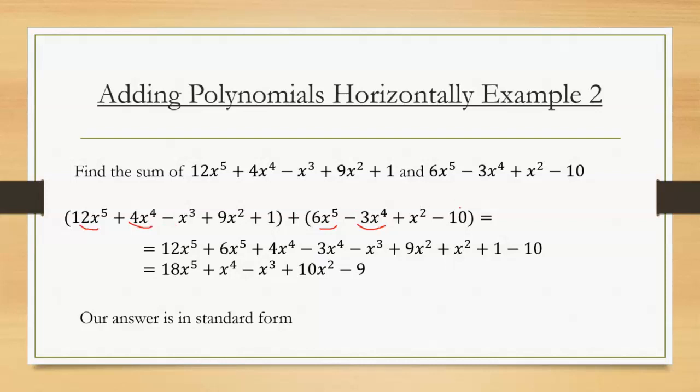It looks like no, so that we just leave alone. 9x squared. Can we combine that with anything? Yes, we can. We have an x squared here, see? We have 1. Can we combine that with anything? Oh, minus 10, that's all that's left. So we have that.